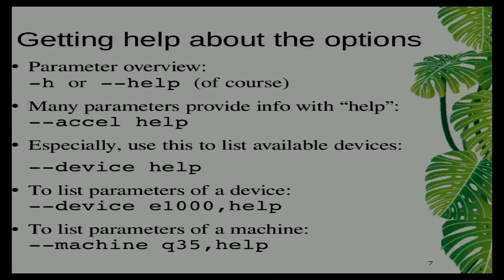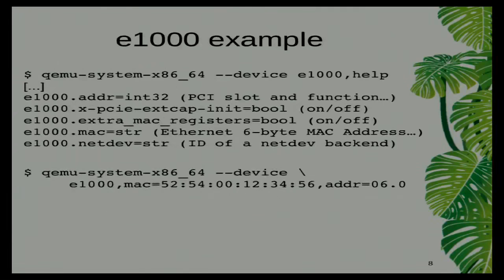And so if you run -device help, QEMU will print out a nice list of available devices for the guest. And if you've chosen one of the devices that you want to add, you can also run a -device parameter with the device name, comma help, and it will print you out a list of parameters that you can use to configure the device.